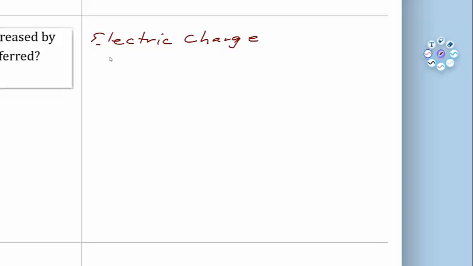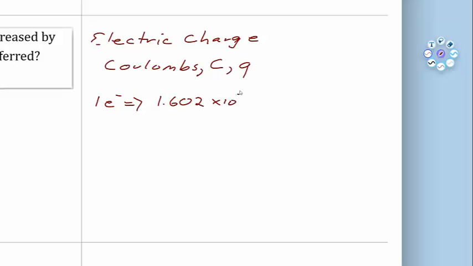Electric charge is measured in coulombs, and the abbreviation for coulombs is C, and the variable that we typically use for charge is the variable Q. Now, one electron has a charge of 1.602 times 10 to the minus 19 coulombs.